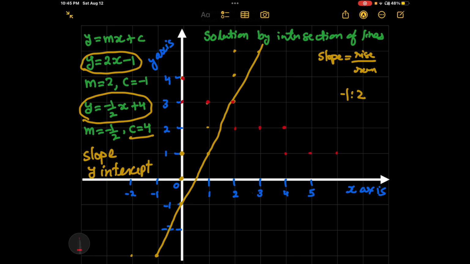So we go 4 down, 1, 2, 3, 4, and then you have to go double that distance in this direction: 1, 2, 3, 4, 5, 6, 7, 8. If we were hand drawing this, we would take a ruler and join these 2 points. So let me draw that line here.